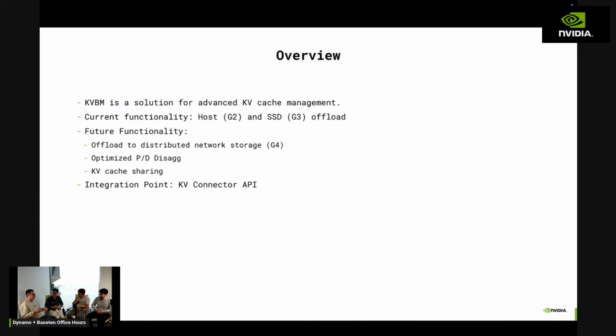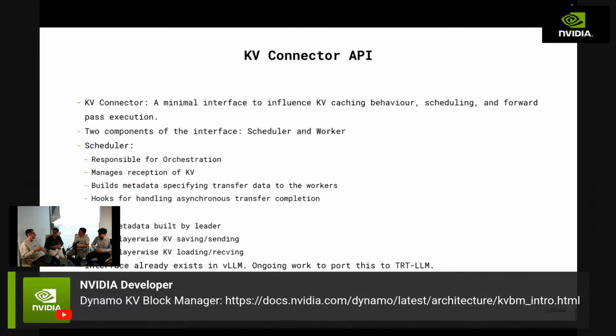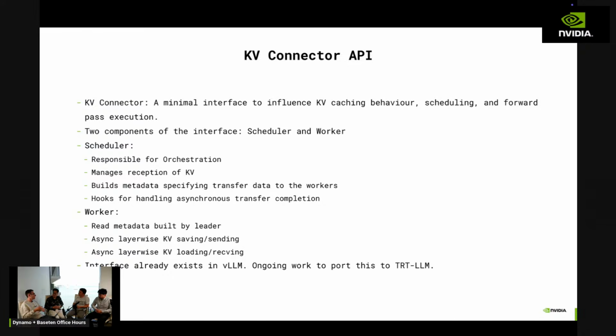So the integration point that we use is what's called a KV cache connector API. This KV connector API is effectively a minimal interface to influence the KV cache manager on each of the workers, so we can influence the KV cache and the actual execution of the forward path itself.